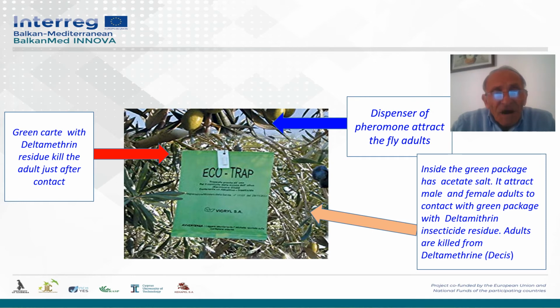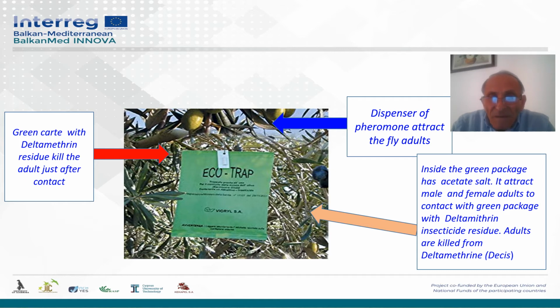Here an ecotrap is described. We see here a green package with deltamethrin residue. If the insects are in contact with the green package, they are killed. We see here a white one. This dispenser of pheromone attracts the fly adults, the males.